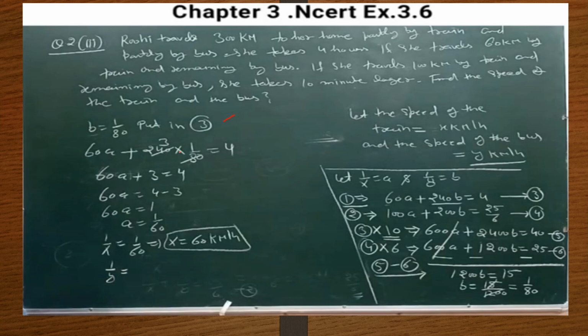So 240 multiplied by, at the place of b, 1 by 80. It will cancel, 80 3s are 240, so this is 3.